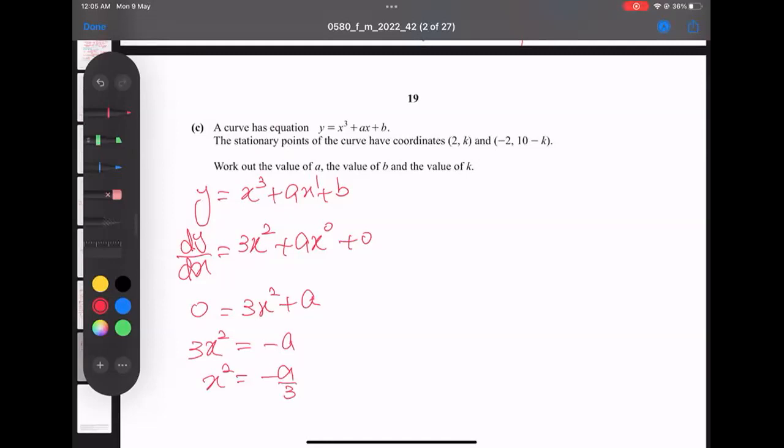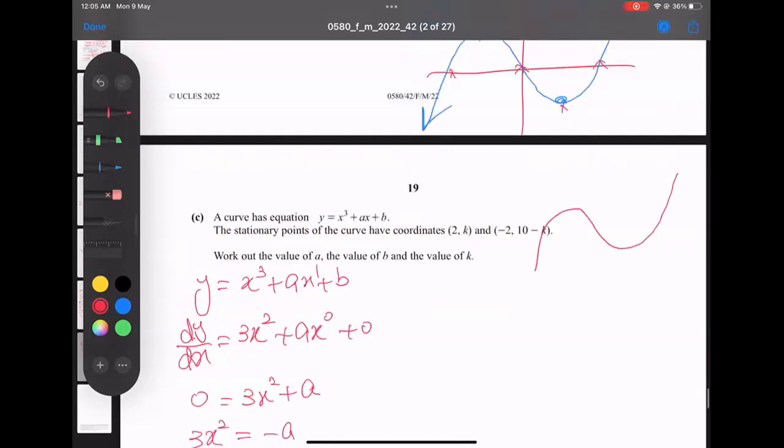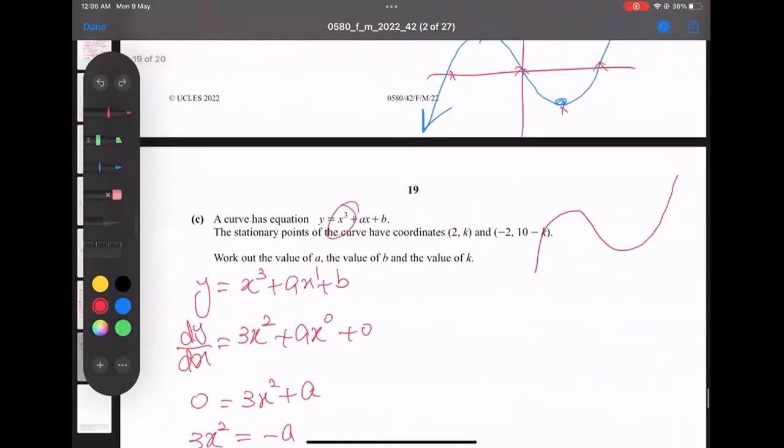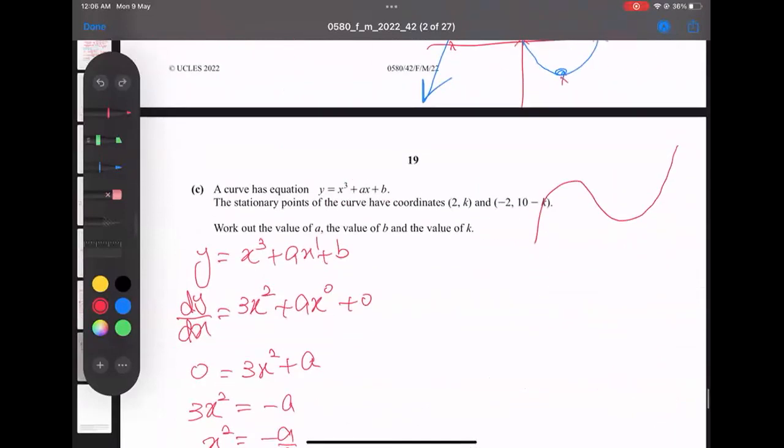Now, read the statement, please. He says the stationary point of the curve is this one. Like I got two stationary points, one positive and one negative, but he said himself, wait a minute, maybe it is like this, because I told you x cube is always like this. And look at x cube positive. So you have this one. So this is a point.